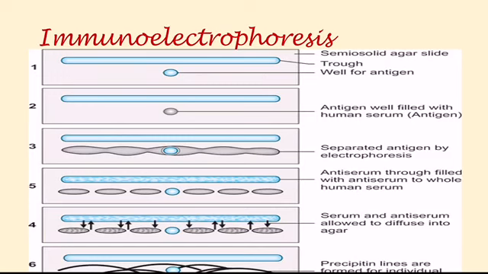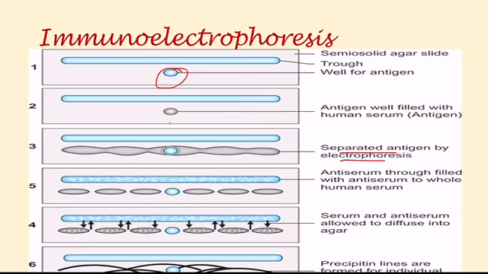In this method, agar is first poured on the glass slide and a well is made. In the well, the antigen is placed and the electric current is passed through the agar. Now the well is filled with the antigen. Under electrophoresis, based on the charge and the size, the antigenic proteins move.